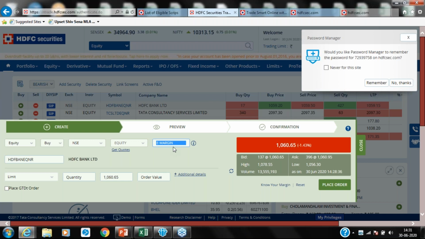But in e-margin, you will not get leverage as high as a cover order, because obviously the cover order facility is for intraday with a stop loss, whereas e-margin is on a positional basis without a stop loss, so the leverage will be lesser compared to a cover order.